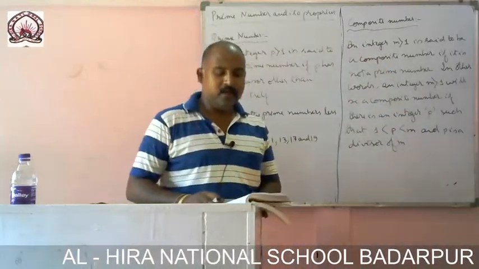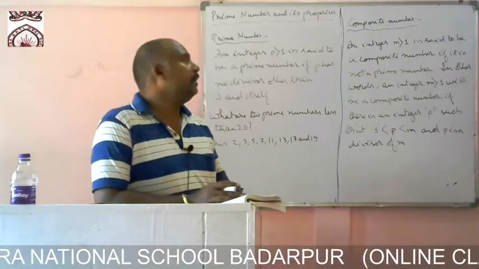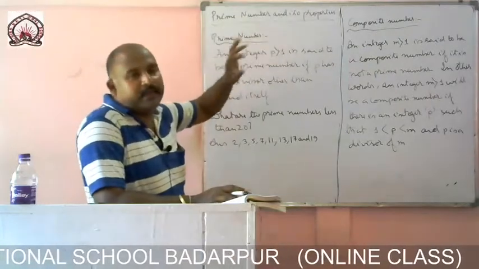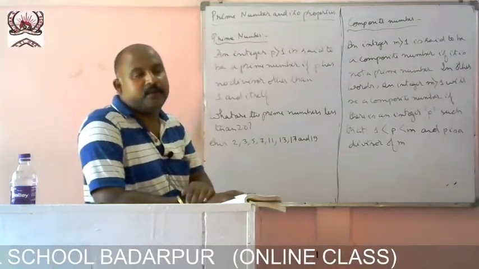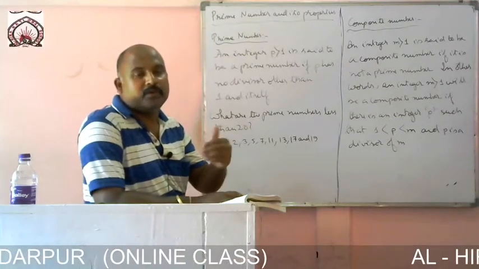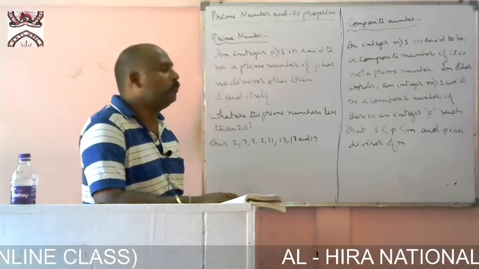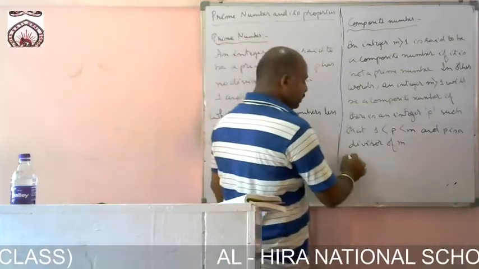Now a composite number has more than 2 divisors. In a prime number we are getting the divisors 1 and itself. So in a composite number we will get more than 2 divisors. For example, 4 is a composite number.